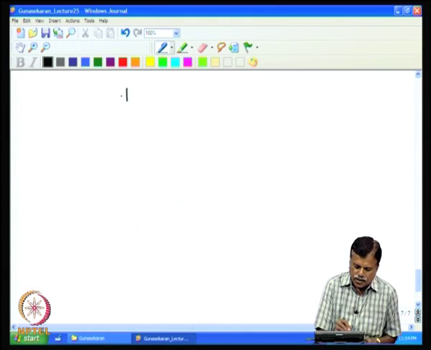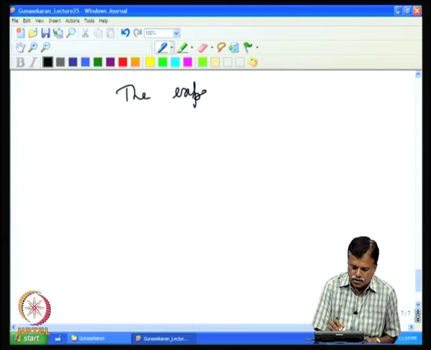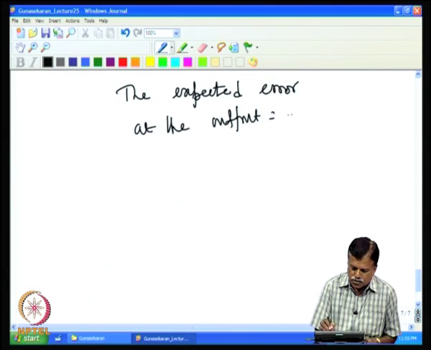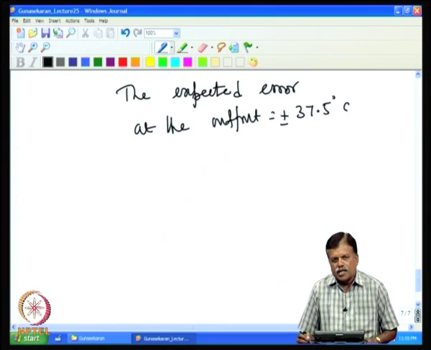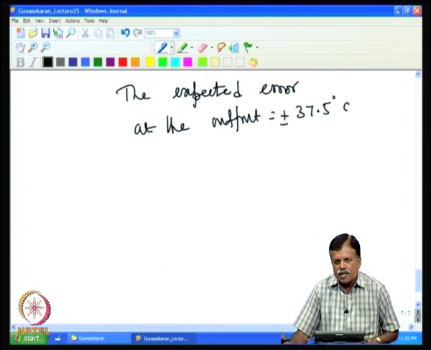So, the expected error at the output is equal to plus or minus 37.5 degree C at the output of the op amp, and this is quite large, because our signal is very weak.